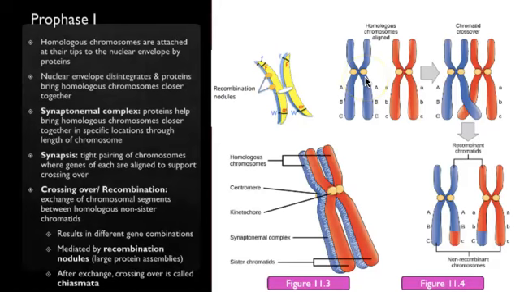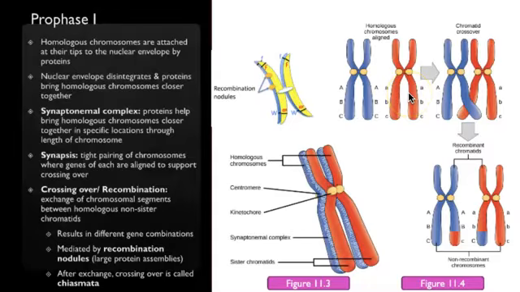Our first phase is prophase 1, and yes, there's a lot that happens in here. So we're going to go a little bit slow through this. During this stage, we are going to have our homologous chromosomes, meaning pairs of the same chromosome from each parent. We can think of this as being, let's say, the mother parent and this being the father parent.